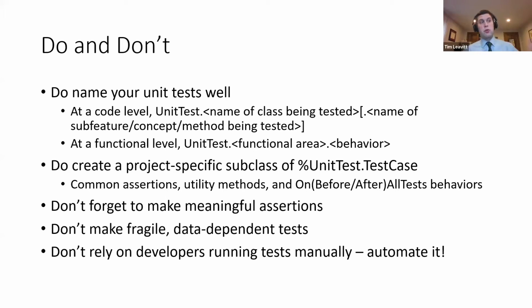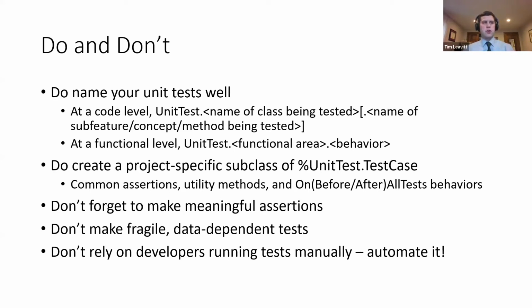Another thing that we've done, to the point of the question about cleaning up data created during the unit test, is we have a subclass of %unit test.test case that on before all tests starts a transaction and tracks, because all of these tests are instance methods, in a property of the unit test class what the initial transaction level is, which should always be 0.